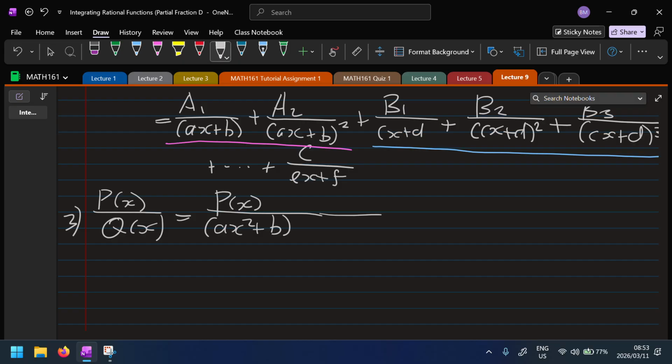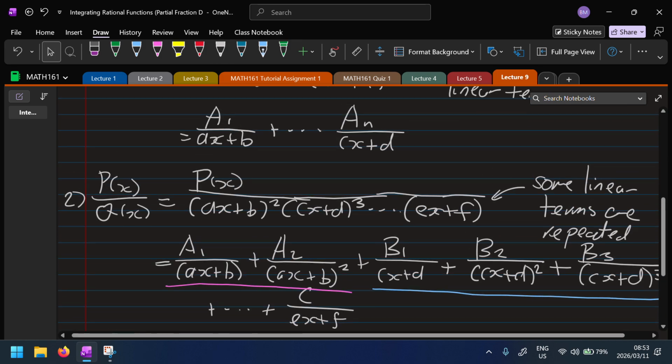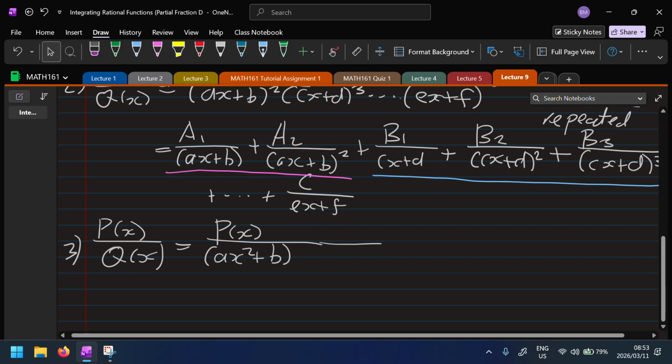Think of a very simple example like x squared plus 1. We can't factor that, right? There's no x minus 1, x plus 1 that we can do. So x squared plus 1 is an irreducible quadratic term. Okay, so if we have something like that, then it's case 3. If you can factor it, then it will be case 1 or case 2, where it's linear. Does everyone understand that?